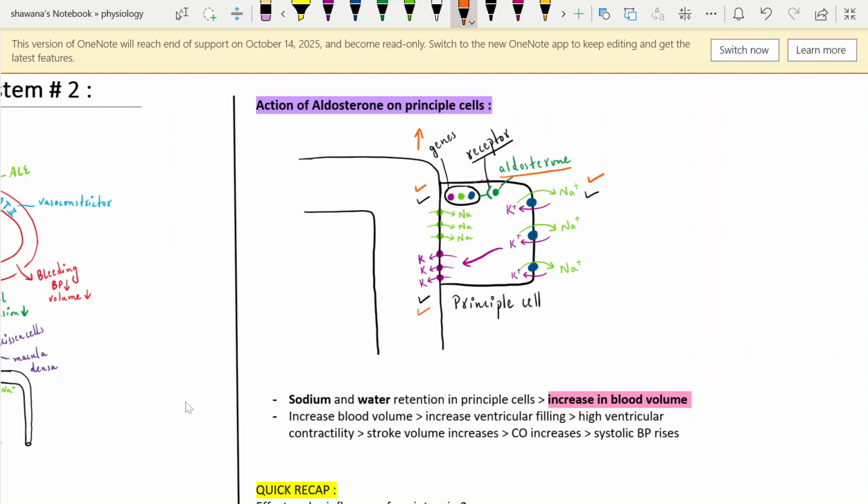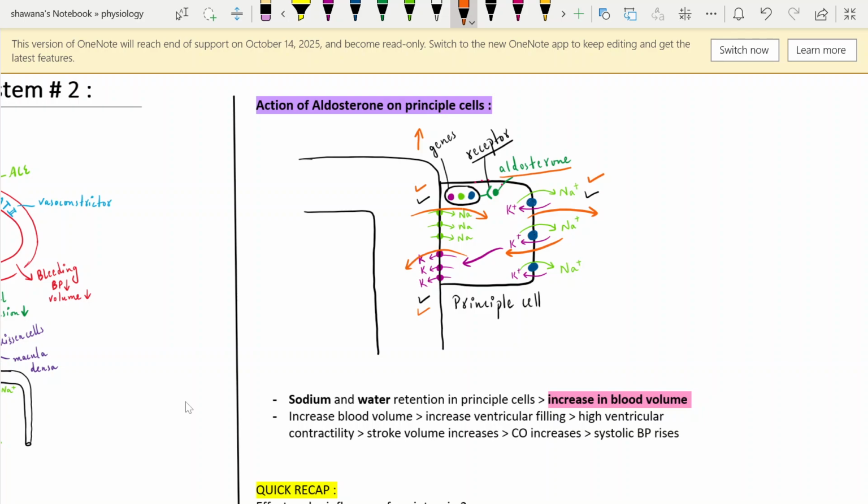will be installed on the membranes. What will it cause? It will cause increased sodium outflow from the cell. It will cause increased potassium uptake into the cell. Eventually, it will cause increased sodium reabsorption. It will cause increased potassium excretion, and along with the sodium, who follows? Water follows. So sodium and water will be retained.